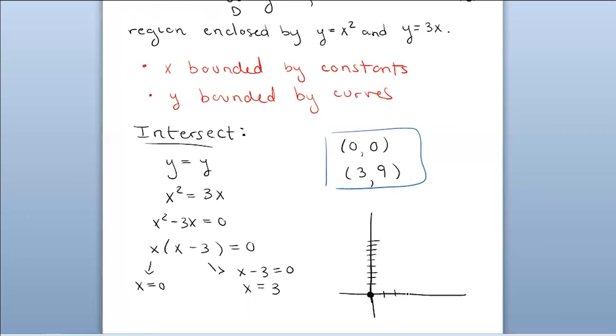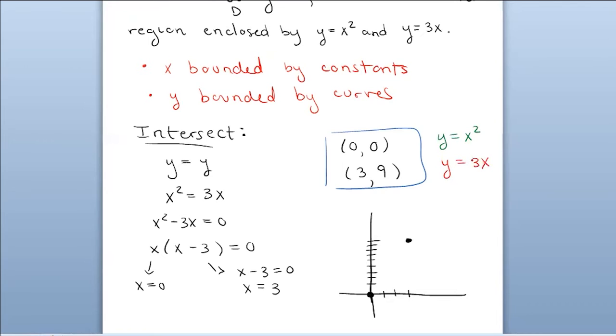And 1, 2, 3. Okay, so there's my points of intersection. And now I actually want to sketch my curves. So let's just do them in two different colors. So I'll have the green be y equals x squared, and I'll have red be y equals 3x.